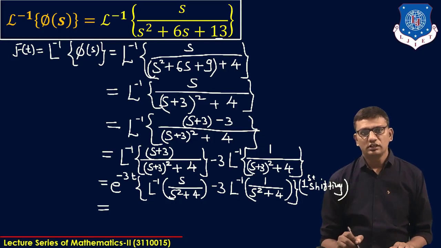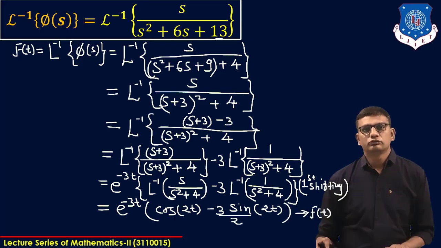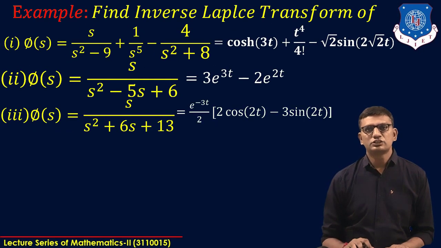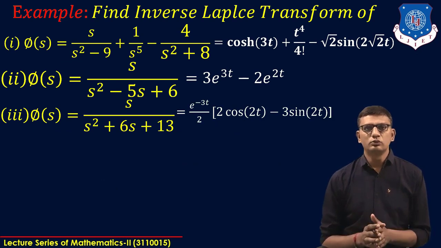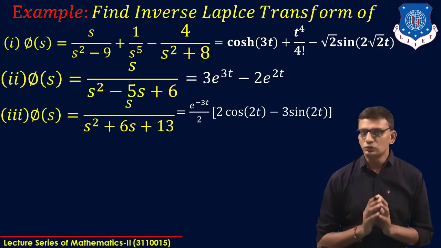Now our final answer is e raised to minus 3t into (cos 2t minus 3 sin 2t divided by 2). So our final answer can be written as e raised to minus 3t divided by 2 into (2 cos 2t minus 3 sin 2t).